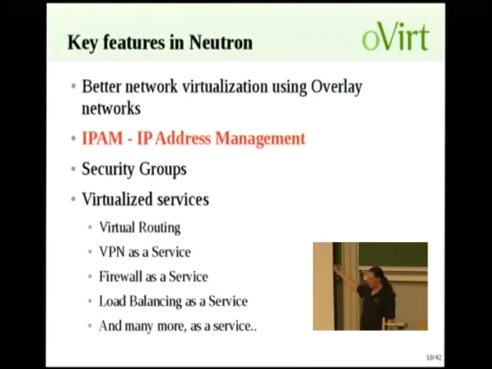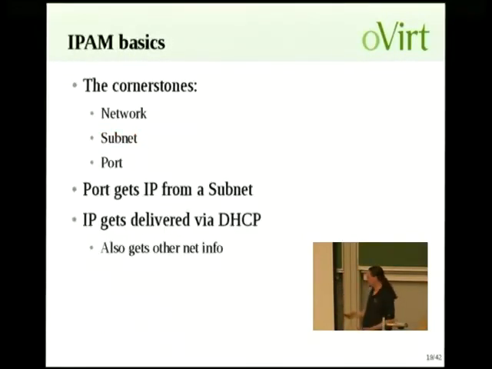What else? IP address management. We wanted to be able to deliver IP addresses to the VMs. It's fairly simple. Neutron has 3 main entities: the network, the subnet, and the port. A network is, as in Orbit, some sort of virtual layer 2 network.